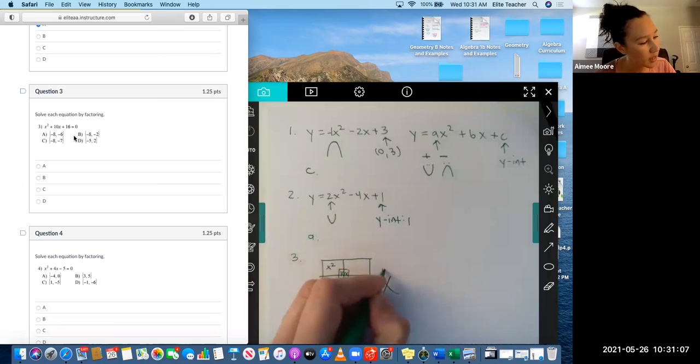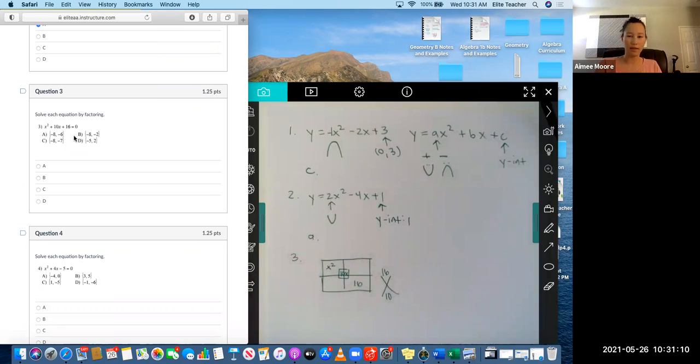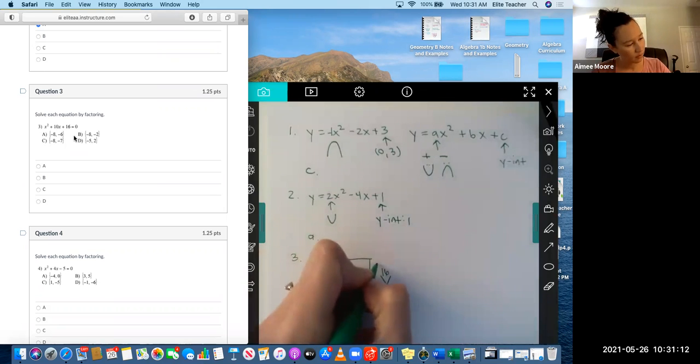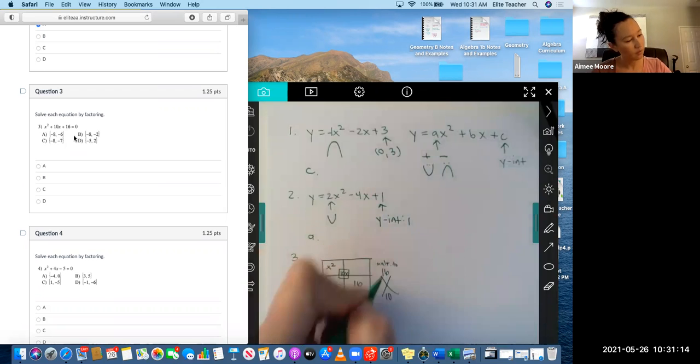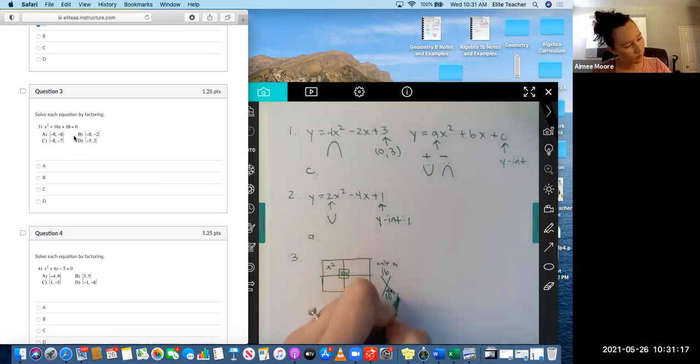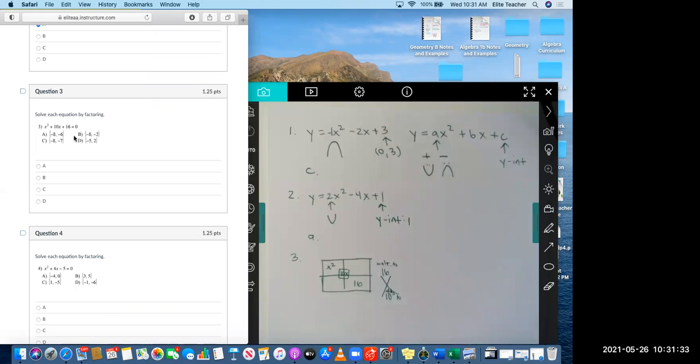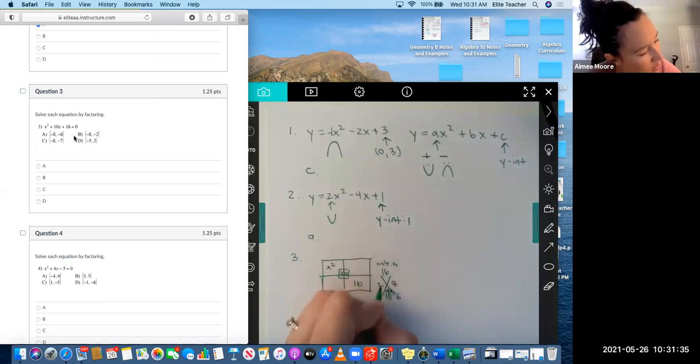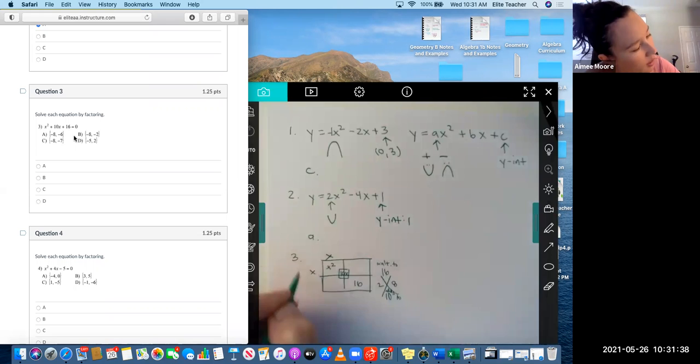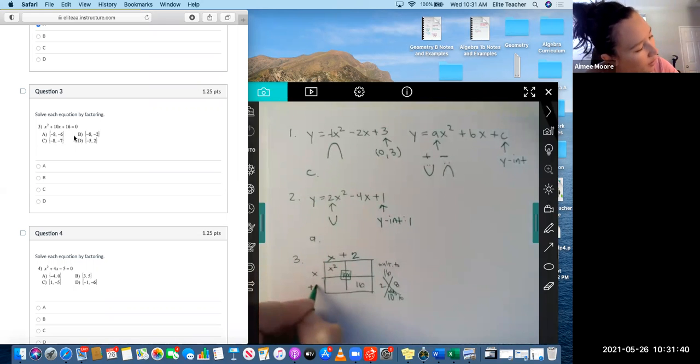So what multiplies to 16 and adds to 10? 2 and 8. Thank you, Dakota. 2 times 8 is 16, 2 plus 8 is 10, excellent. So we get x plus 2 and x plus 8.